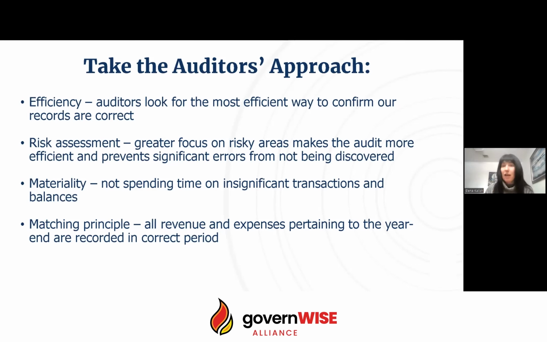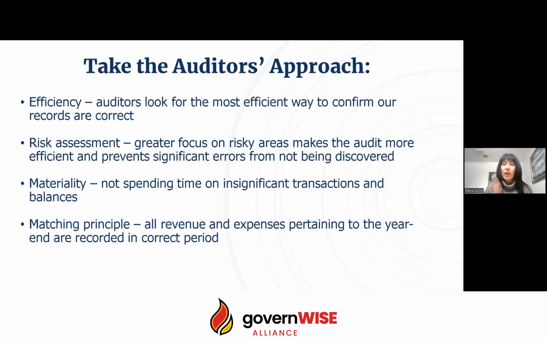Maybe it is $100, maybe it is $200, maybe it's $1,000, depending on the scope of your operations. That for us is not going to be worth spending a lot of time digging through, a tiny little thing for $200 and trying to match it to the penny.